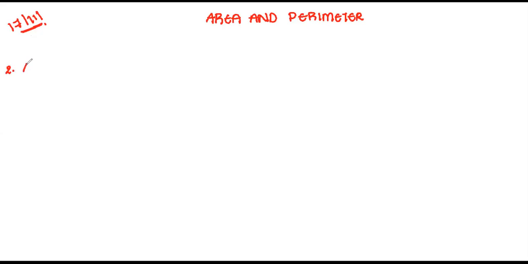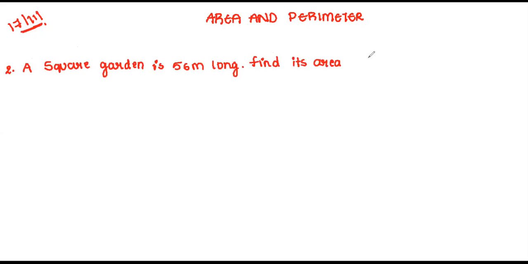Listen to it. A square garden is 56 meter long. Find its area and perimeter.